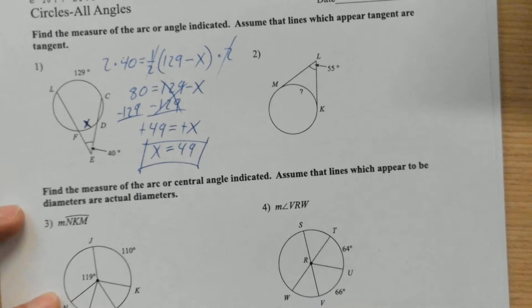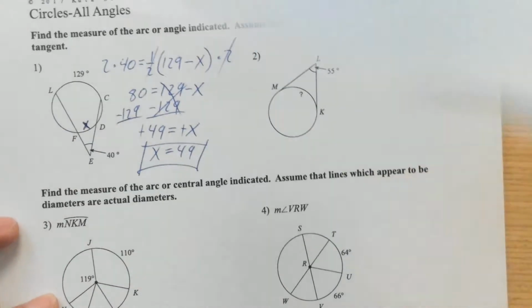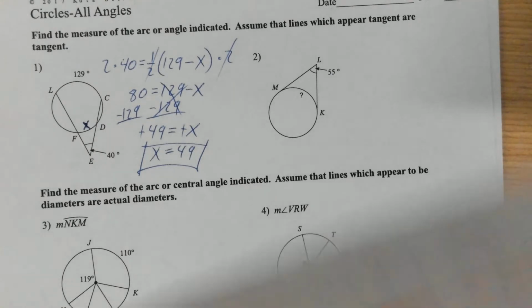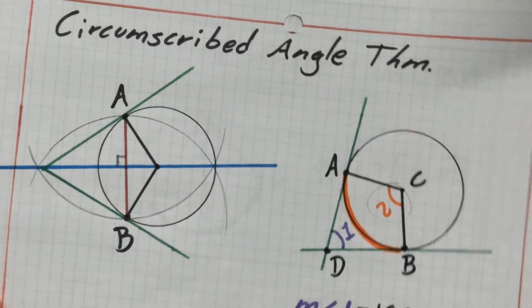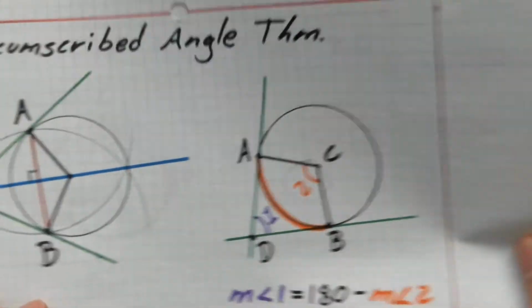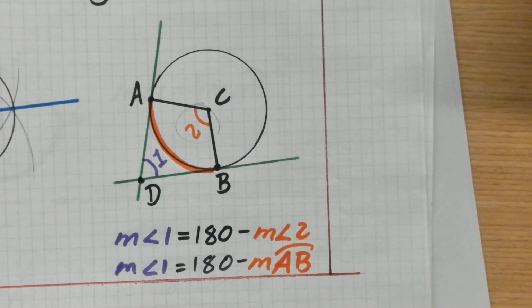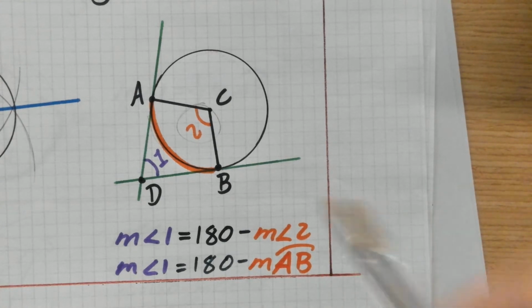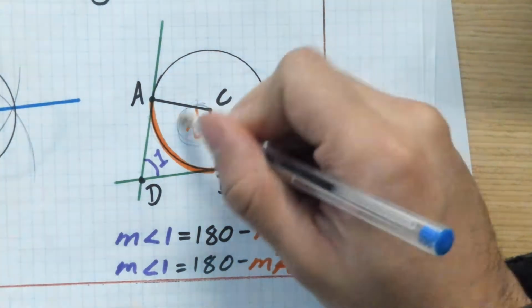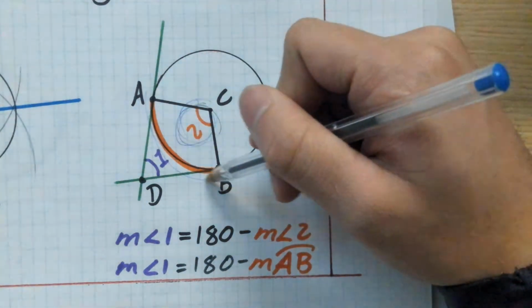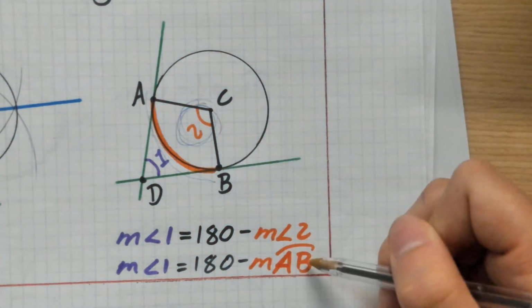Now the second one. Let's see what theorem the second one is. We have the tangent lines, so we're talking about the circumscribed angle theorem. There are actually two equations. The reason is that we have this angle here, which is angle 2, and we also have this arc over here, which is arc AB.